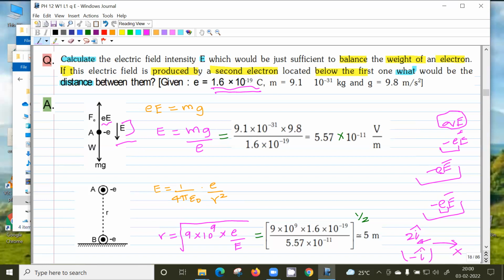Positive x-axis, right? What is the direction of minus 3i cap? Negative x direction. So similarly here, a negative quantity is multiplying the electric field vector, so the direction of this whole thing is opposite to E.